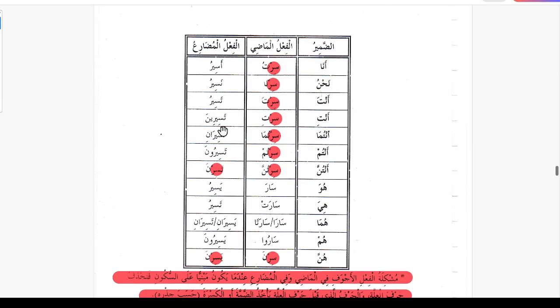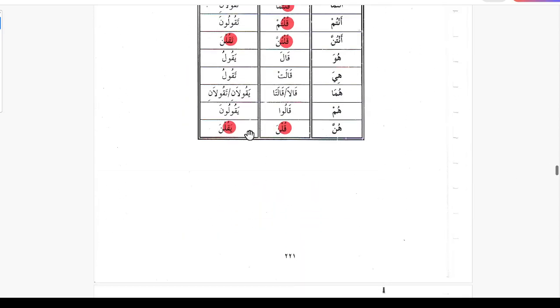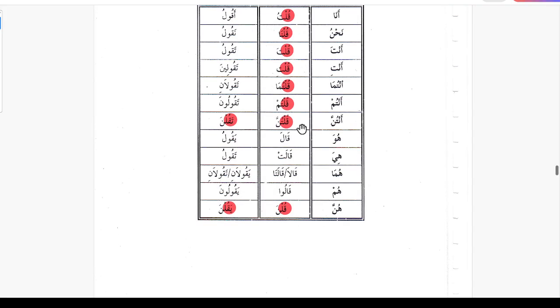So basically they both are from the same group, but we have seen here that in the case of kala, when it comes to hunna, it changes to kulna.